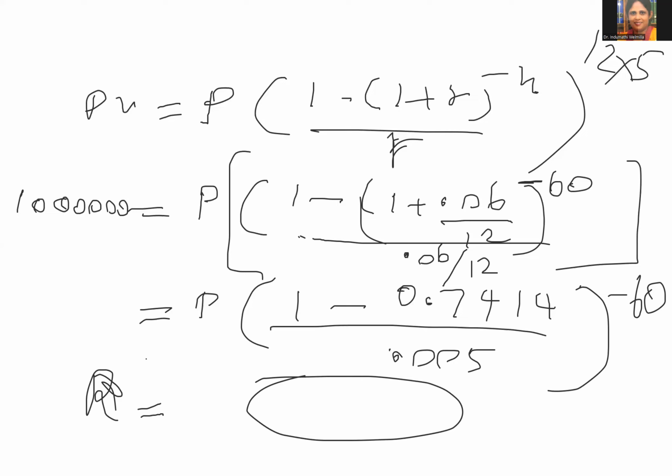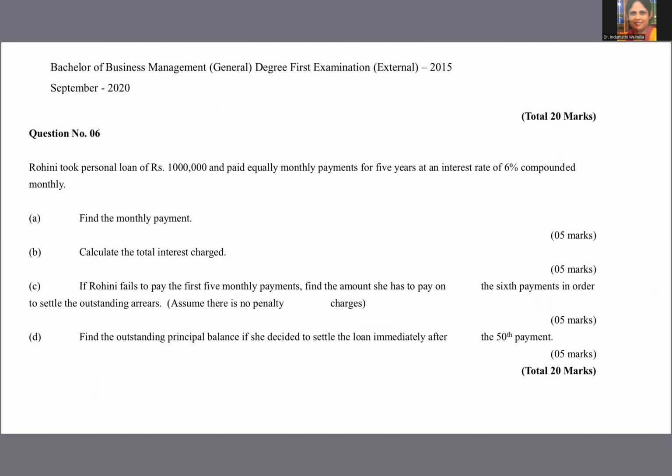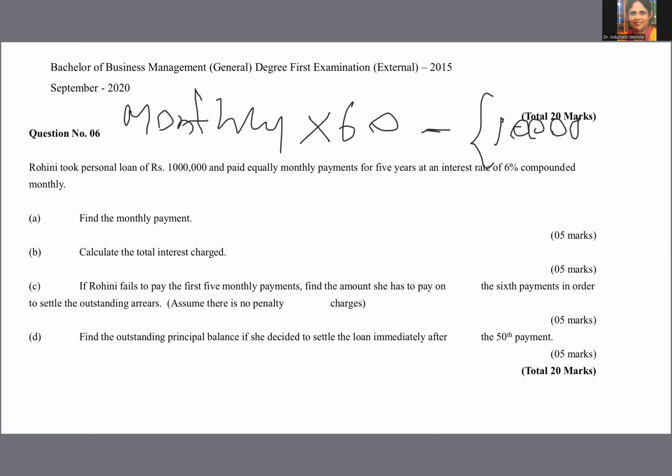Correct? And the second part is asking to calculate the total interest charge. After you find the answer for the first part, that means the monthly payment, you multiply the monthly payment by 60, and you need to deduct the principal amount from it.